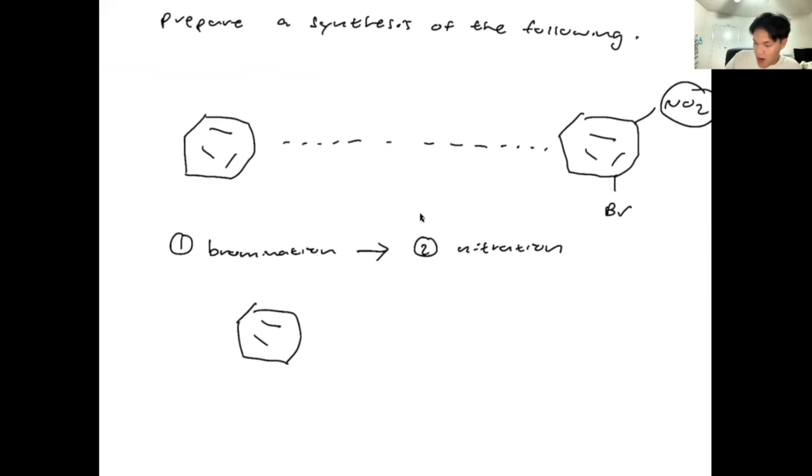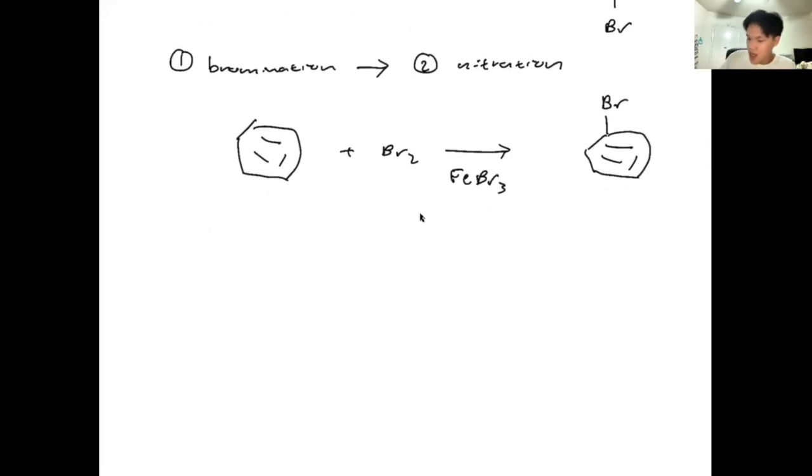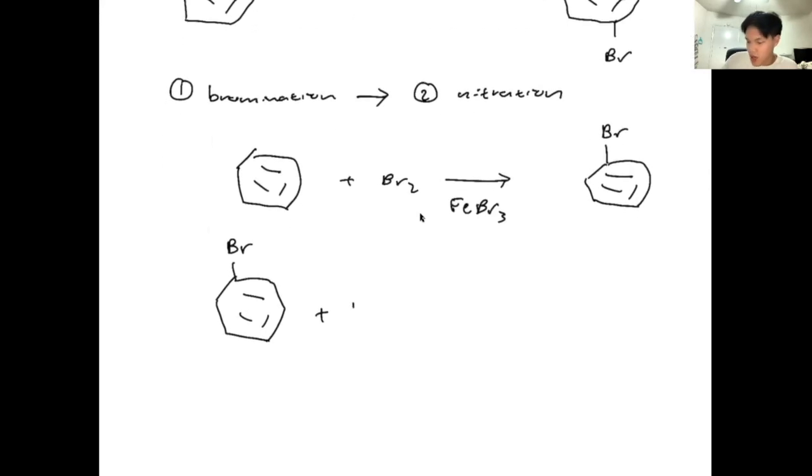So first we prepare this with Br2 under FeBr3, and then it just adds on to whatever carbon, I'll do this carbon up top. And then after this, we want the NO2, so we're going to do HNO3 under H2SO4.